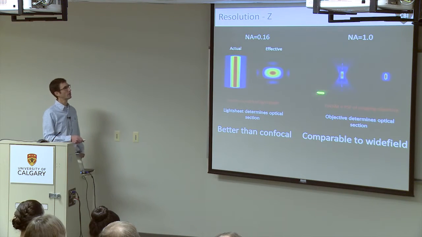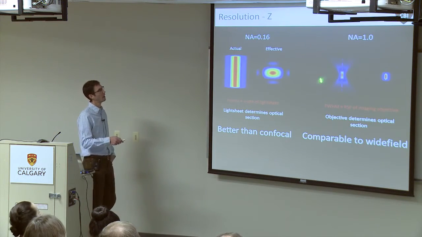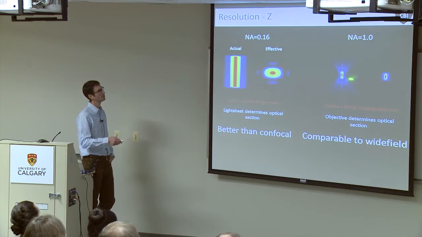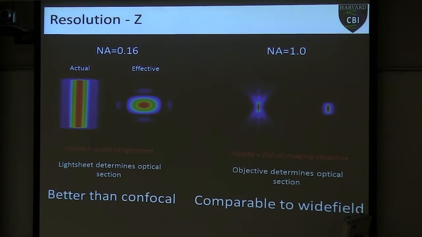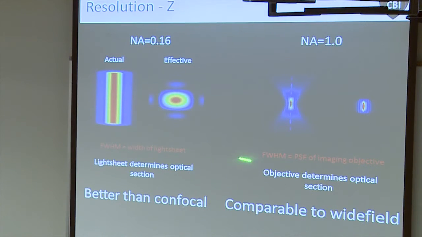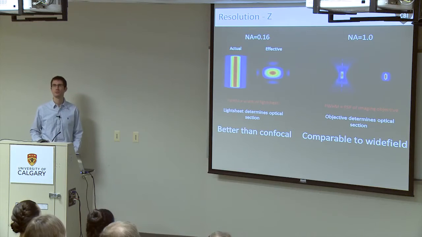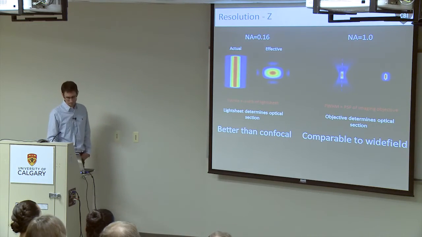And the exact same thing for our high numerical aperture objective. So here's the standard point spread function. Our light sheet would be coming across here. And here's our effective point spread function in the end. Okay? And here our full width half maximum is determined by the width of the light sheet, where over here it's the point spread function of the imaging objective. All right? Does that make sense? Okay.